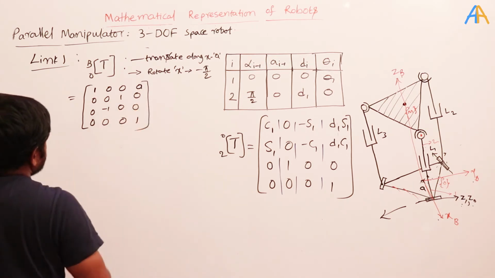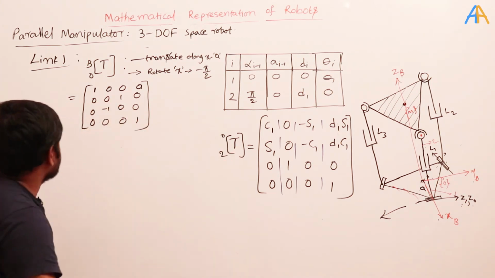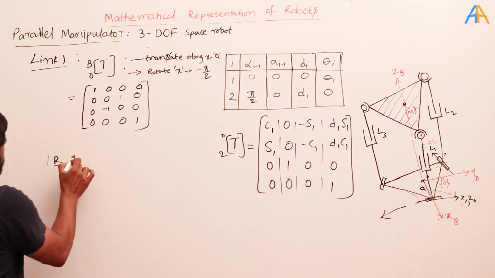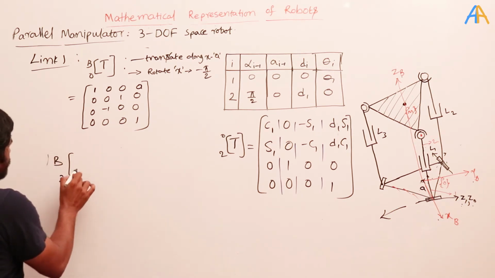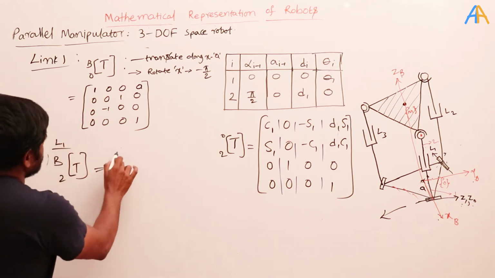Okay, this is the value, and I need to multiply this with that. Then finally I will get the transformation from base up to 2 for link 1. So what is the value?